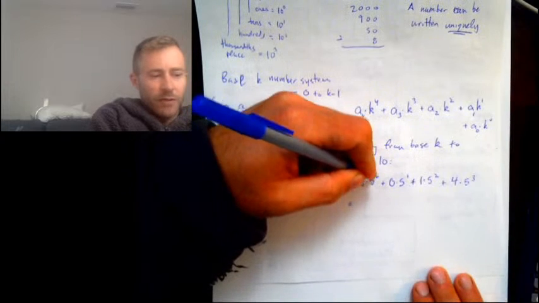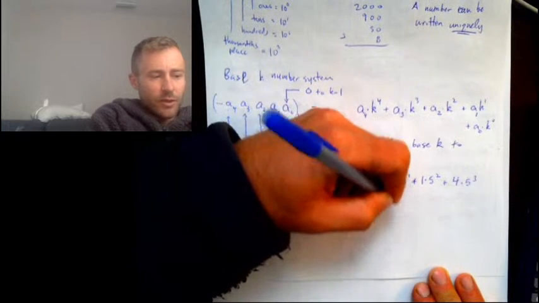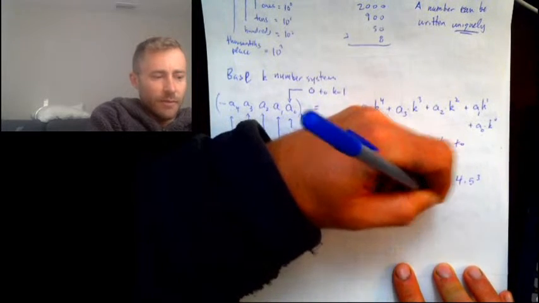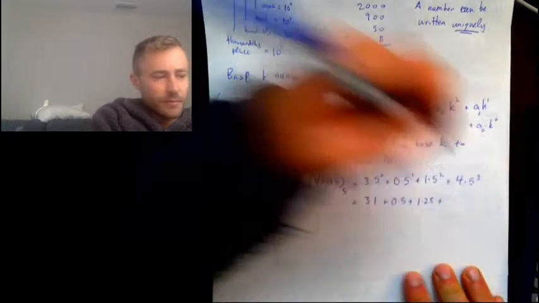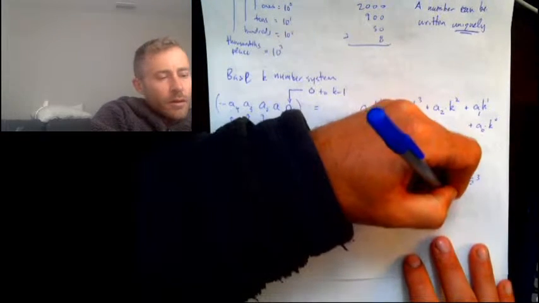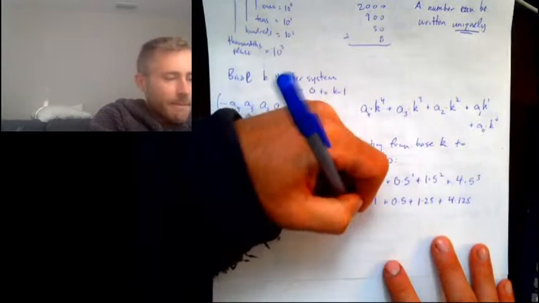All right, so 5 to the 0 is 1, so we get 3 times 1 plus 0 times 5 plus 1 times 25 plus 4 times 125.